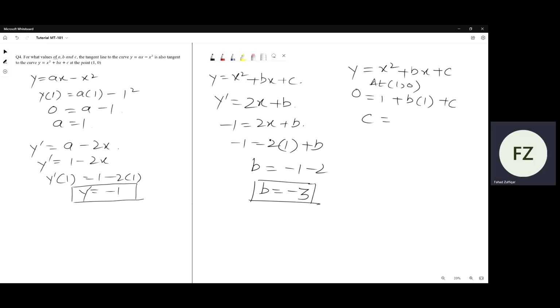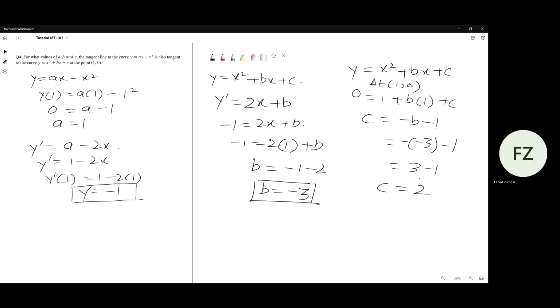So c comes out to be minus b minus 1. We know b is minus 3. So minus of minus 3 becomes plus 3, minus 1. 3 minus 1 equals 2.